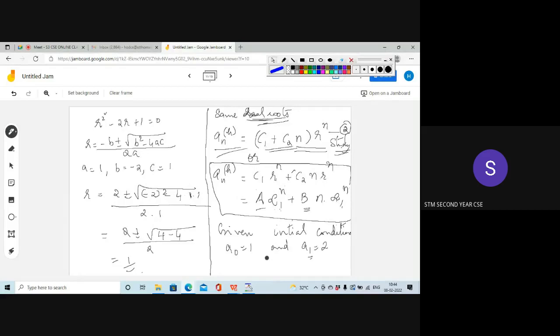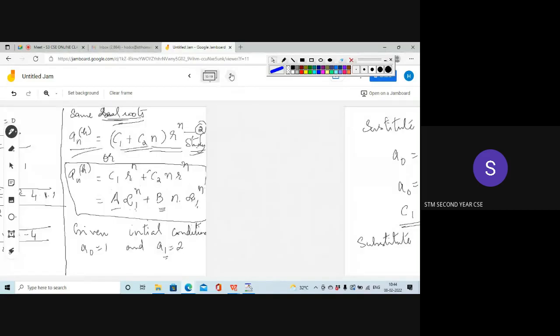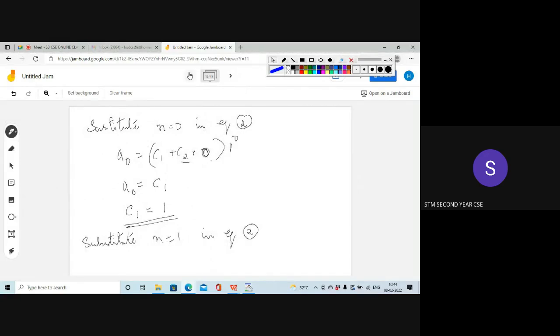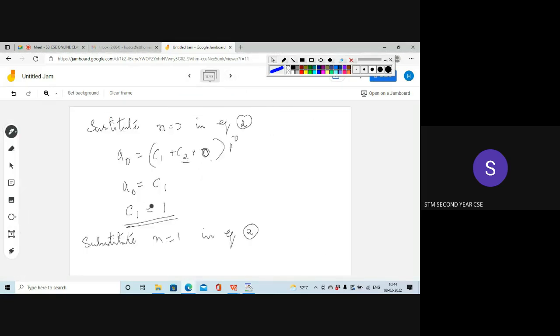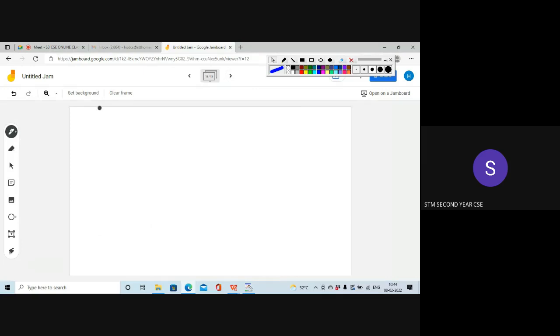Given the initial condition, we are going to find the homogeneous solution, and we had substituted n is equal to 0 in this equation 2, and we had got the value of C1. Next, when we substitute n is equal to 1, what will you get?